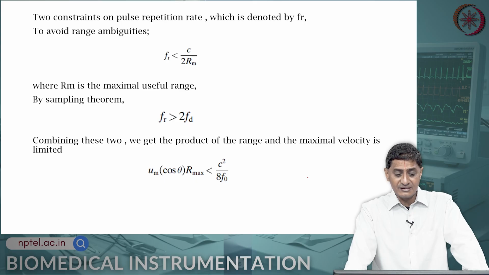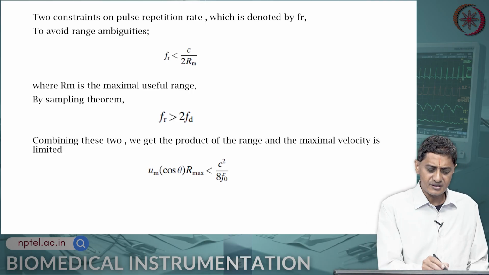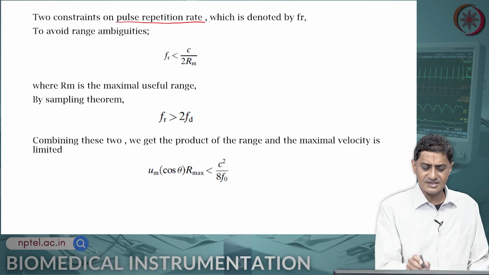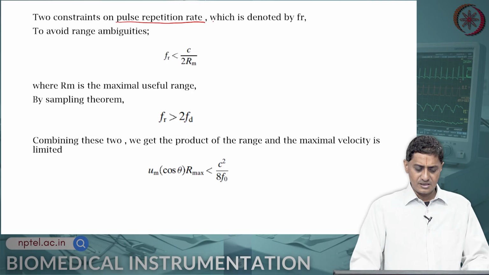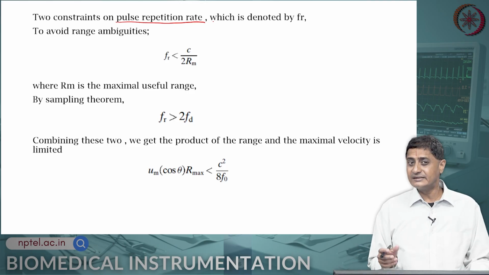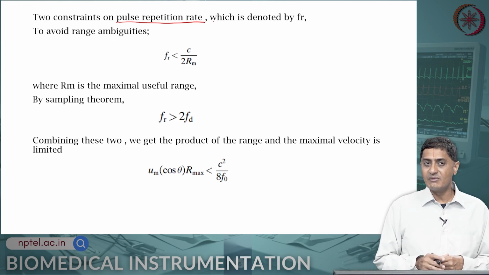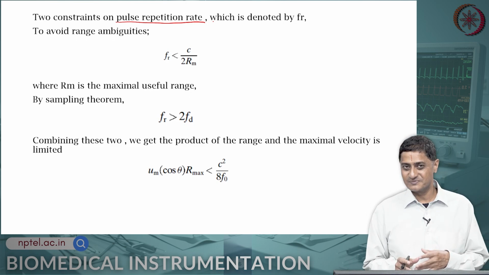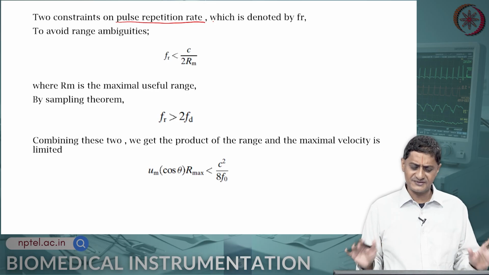Now, I combine these two equations or inequalities. In this case, what is Fr? Fr is the pulse repetition rate. If I combine these two, I essentially get an inequality that has a product of maximum velocity and the maximum range times cos theta, where the theta problem is always there.